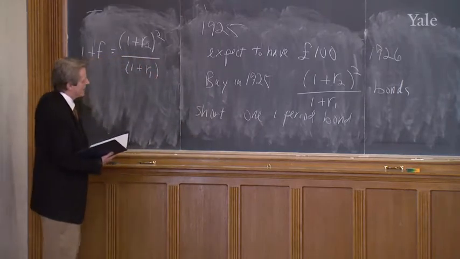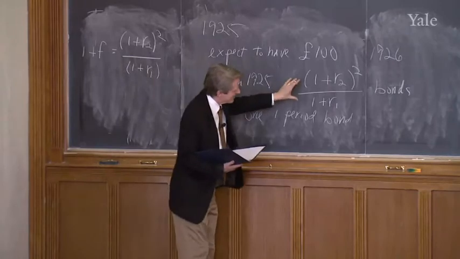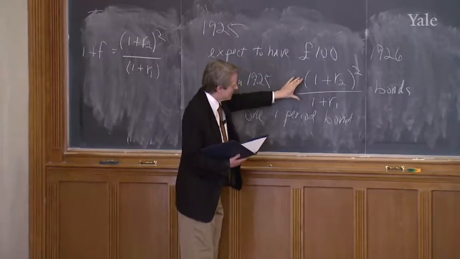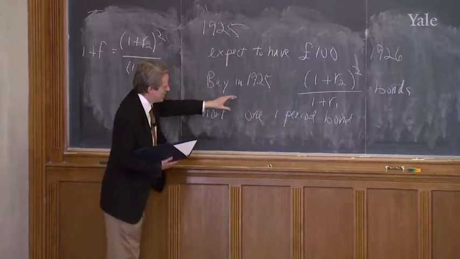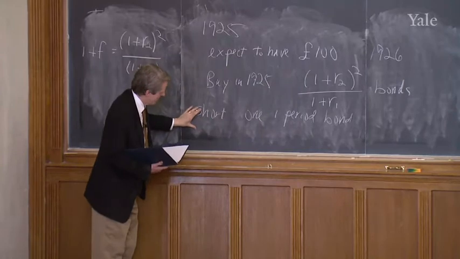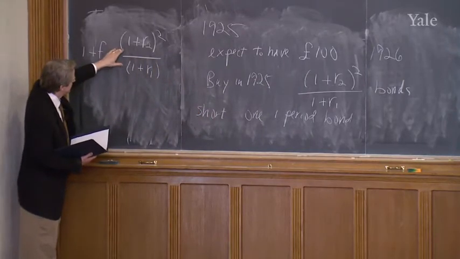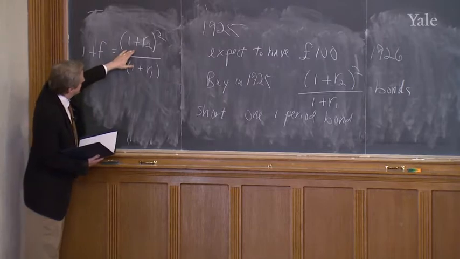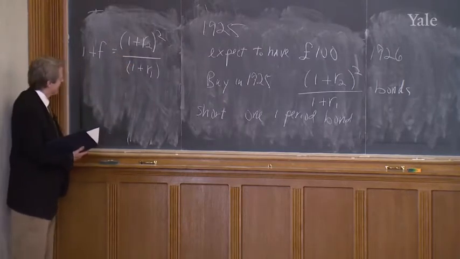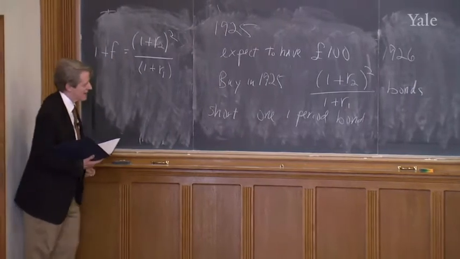It's just the amount that I get. Because this is what I'll get if I bought this number of bonds. I get 100 pounds times this number in 2 periods in 1927. But I put out 100 pounds in 1926. So the ratio of the amount that I got at the end in 27 to the amount that I put in 26 is given by this. So that's 1 plus the interest rate I got on the bond.